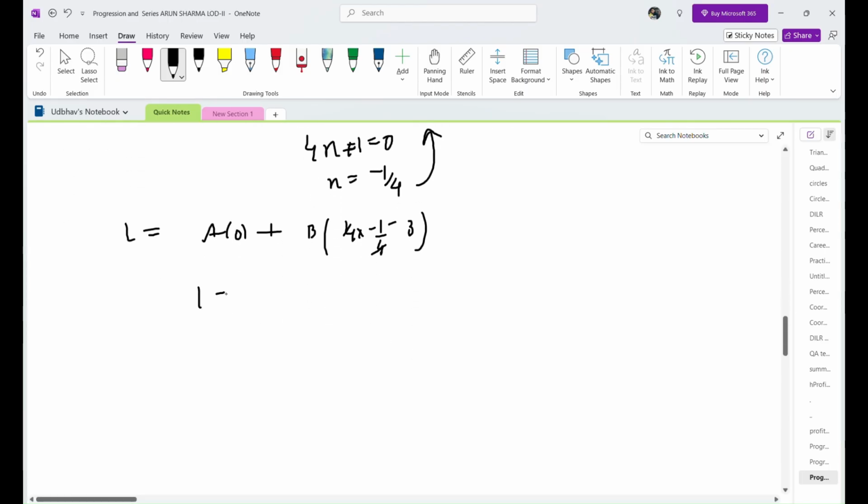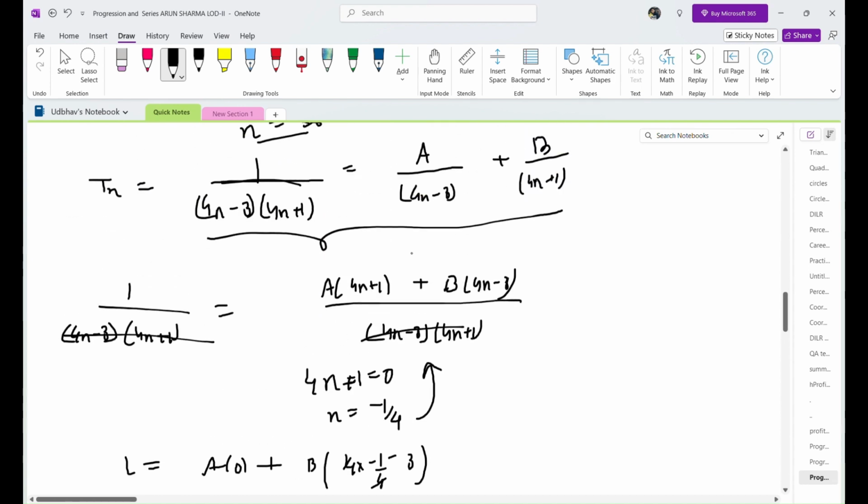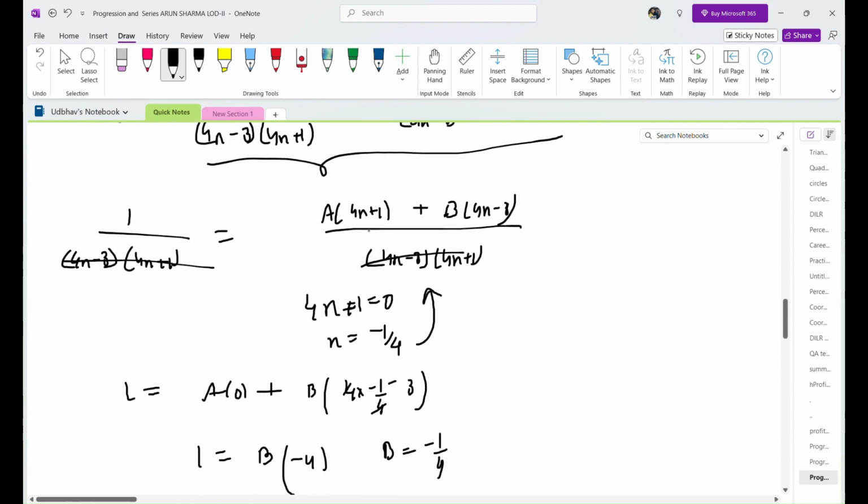So what do we get? 1 equals to B into minus 1 minus 3, minus 4. So B equals to minus 1 upon 4. Similarly, how will we get A? By making this B term equal to 0. When will this be equal to 0? When 4n minus 3 equals 0, n equals to 3 upon 4.